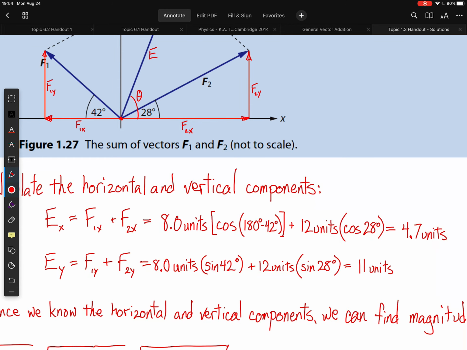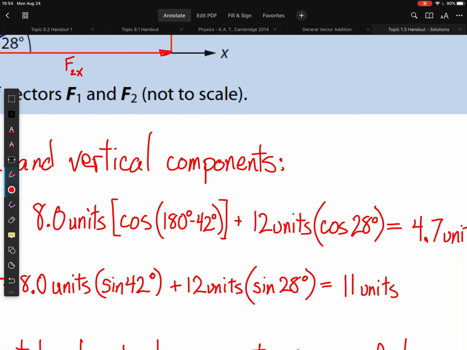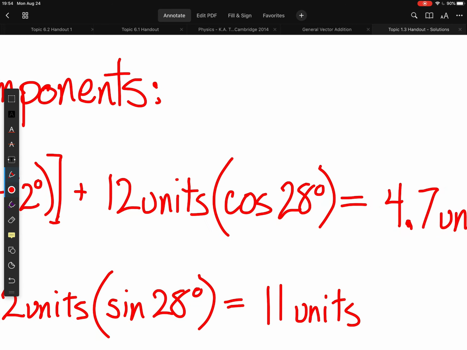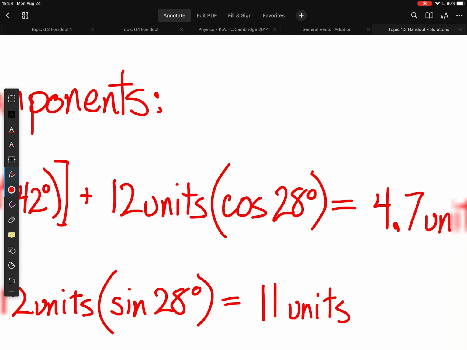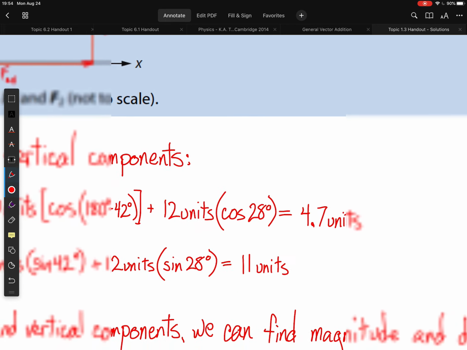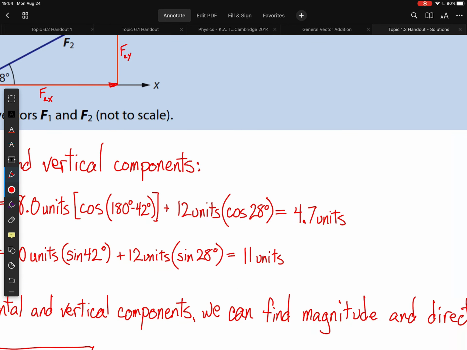Okay, then to that horizontal component that we've just calculated here, we need to add the horizontal component of the other vector, and this is a little more straightforward because that 28 degrees is measured directly from the horizontal Cartesian coordinate plane, the x-axis pointed to the right. Okay, so that's a little easier.